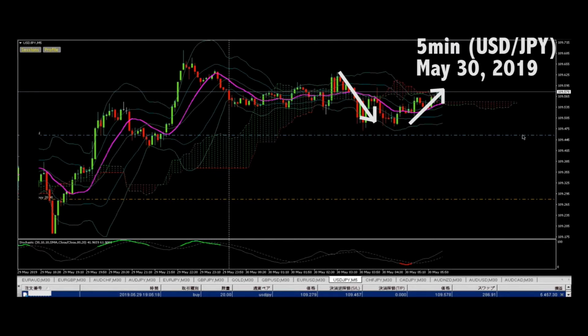You see, the Ichimoku cloud is very thin at the moment, and when you look at it with the current price action, it's obvious to everyone that we cannot trade with this indicator. Remember, in the 1-hour chart yesterday, it was working as a support cloud, but in this chart, it seems like it doesn't. So I don't look at it. I would rather look at what's working in a certain environment, like stochastics in this case.